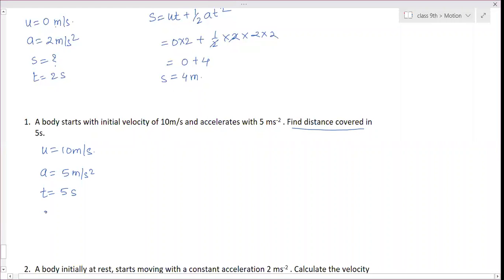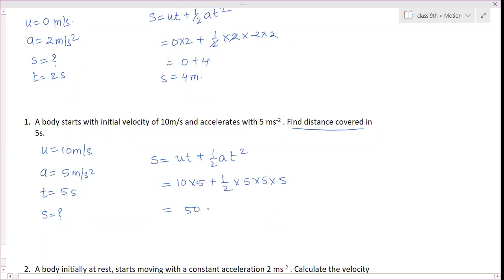Ma'am, but I found the velocity, then I used the second one. Yeah, directly second you can use. No need for V value. So it's ut plus 1 by 2 at square. That is 10 into 5 plus 1 by 2 into 5 into 5 into 5.